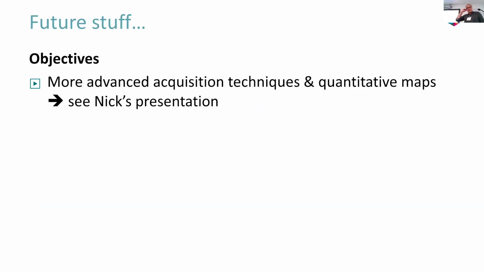Future stuff. Well, objectives, as Nick mentioned, they are physicists, wonderful. There are always plenty of ideas, new ways of acquiring data. Every time they change the sequence, we have to adapt the reconstruction methods, the tools and everything. So we are not going to be out of a job anytime soon.